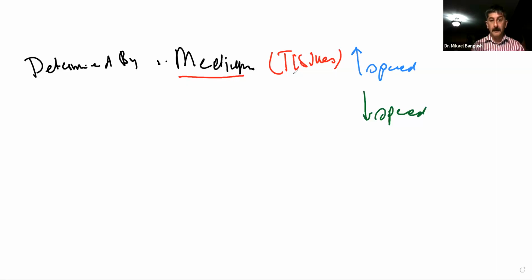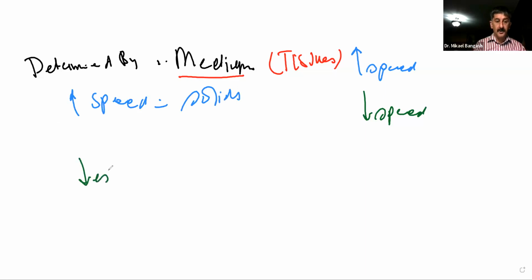Just as I said in chapter 2, if you guys remember, we have a high speed in solids. Then we have the lowest speed in gases.